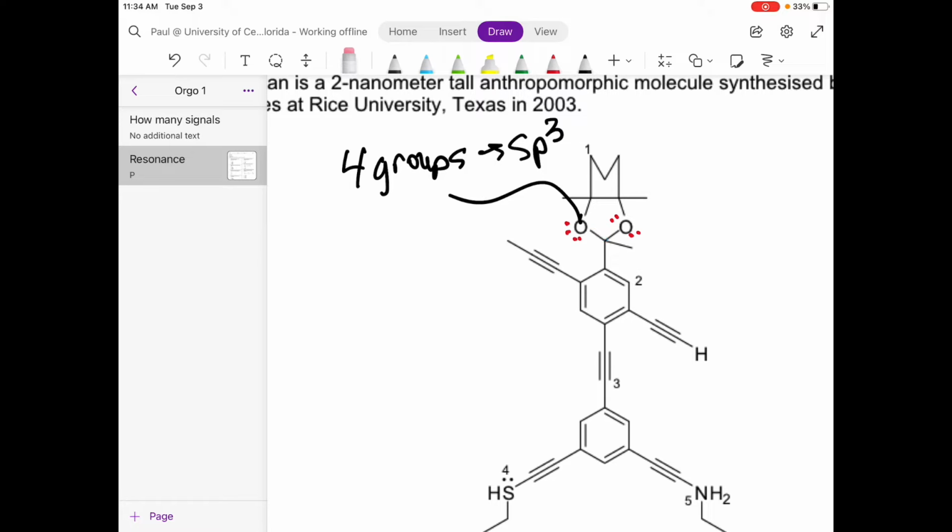When you take a look at the carbon atom right here, you will see that there's 4 bonds. It is neutral, so that would also have to be sp3 hybridized. So those 2 atoms both have sp3 hybridization.